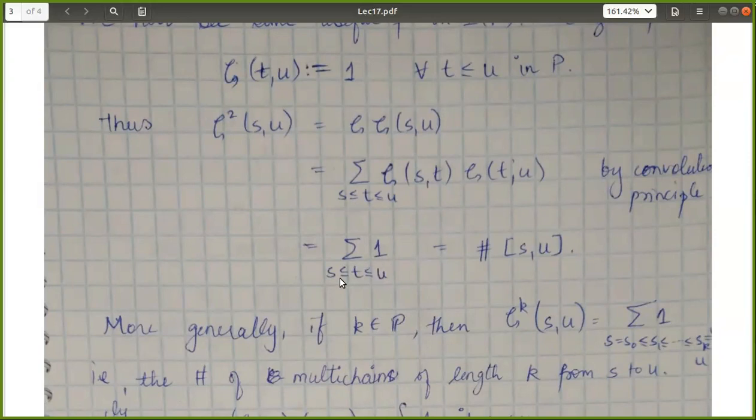The 2 elements you counted here itself. S to T is length 1, T to U is length 2. So when you do a zeta cube, you are actually computing the number of chains of length 3 from S to U. You would have had S to T1 length 1, T1 to T2 length 2, T2 to U length 3.